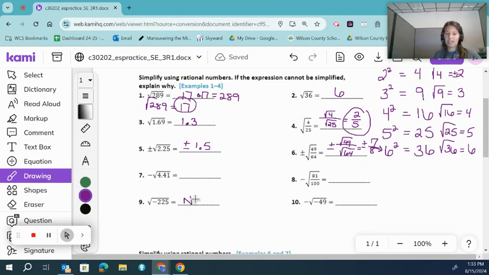So this is not possible, because two negatives don't equal a negative, and two positives multiplied don't equal a negative either. Same thing with number 10 here. We can't even take the opposite of something that is not possible. So this is not possible.